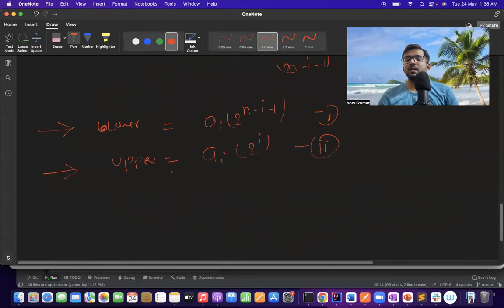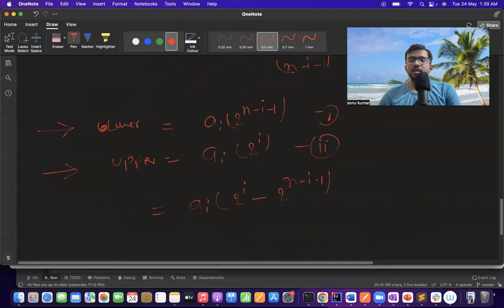For the actual contribution we need to check the difference, because we need max minus min. So the difference will be ai into 2 raised to power i, which is the upper bound, since ai will be the max element for all such subsequences, minus ai into 2 raised to power n minus i minus 1. So this is the contribution of ai into our final answer.